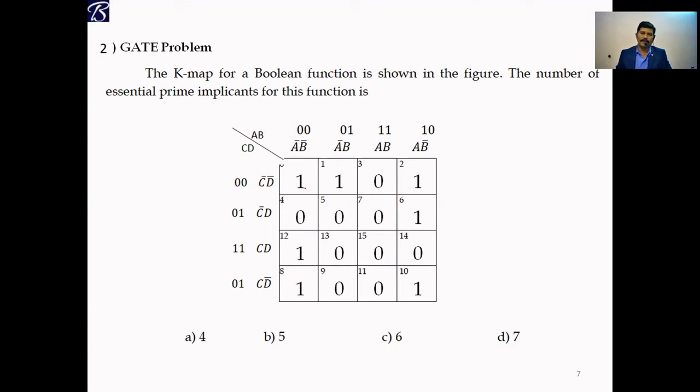Only one quad is possible. This is an essential prime implicant, all the corners. The first one becomes essential because there is only one possibility.